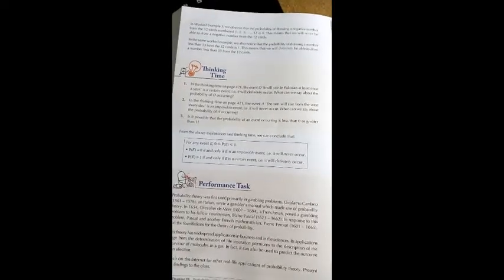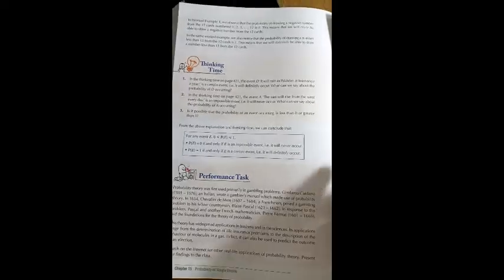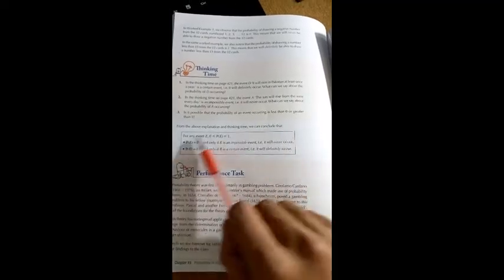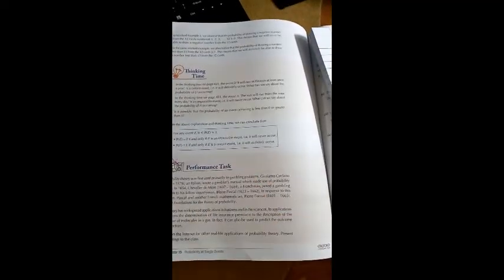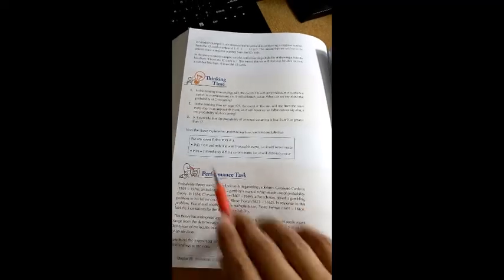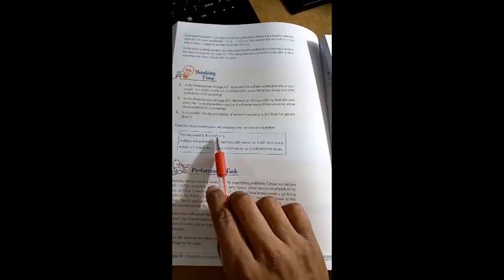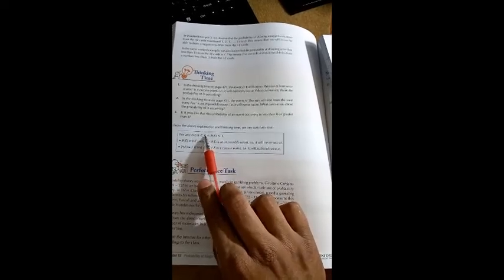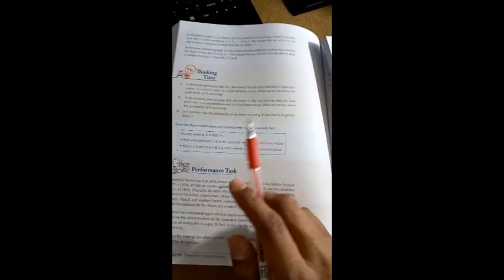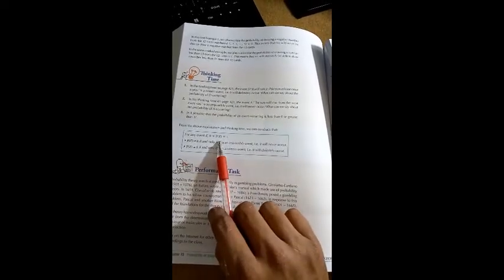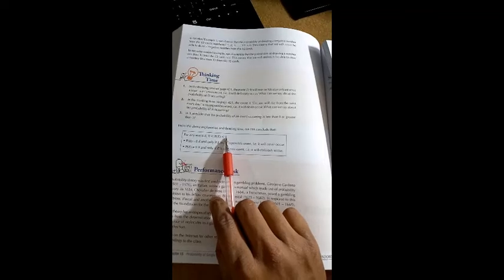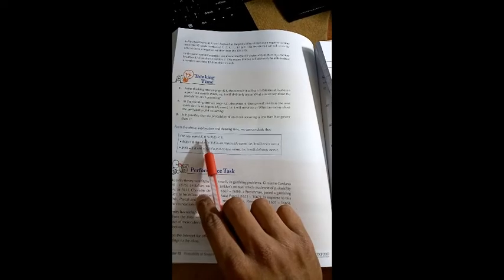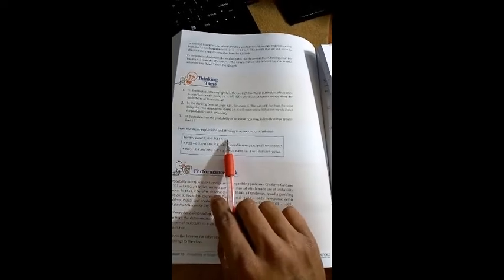Okay, guys, this is the most important page of the chapter because this box is the whole summary of the chapter. For any event E, the probability of E is less than or equal to 1 and greater than or equal to 0, which I have told you earlier, that the probability of anything cannot exceed 1 or go less than 0, which means it cannot go negative or be more than 1.